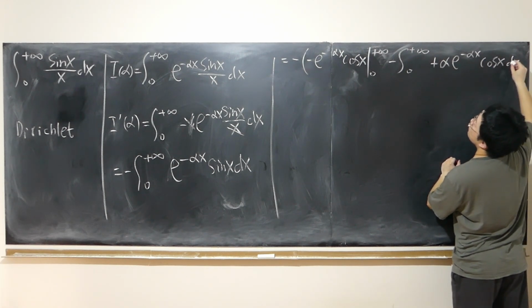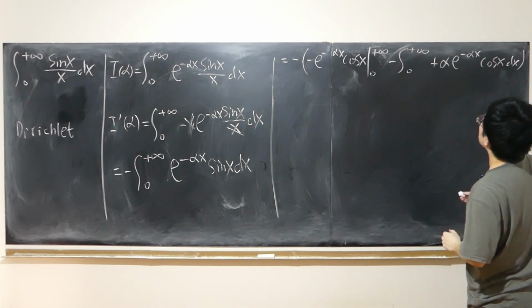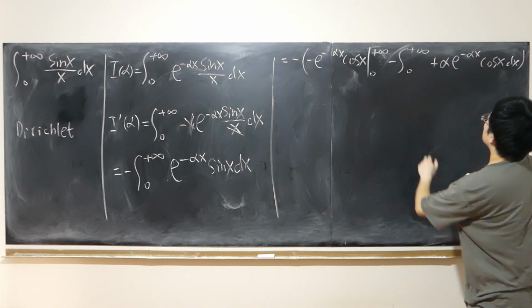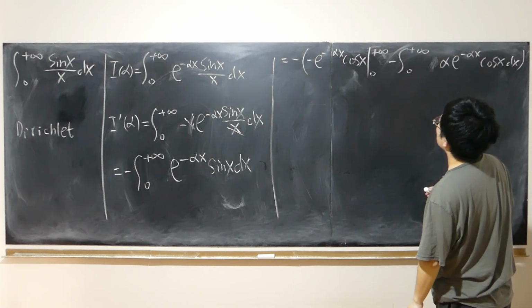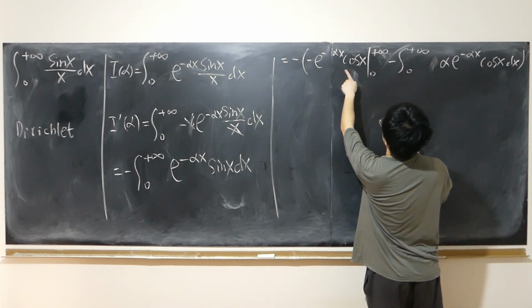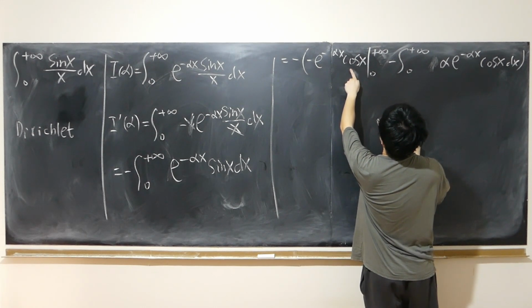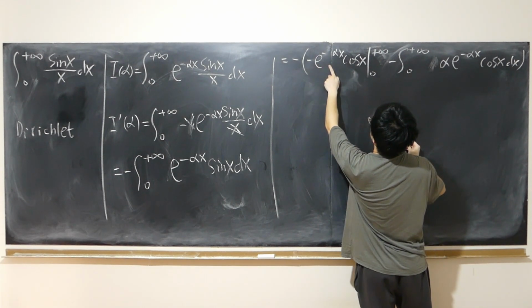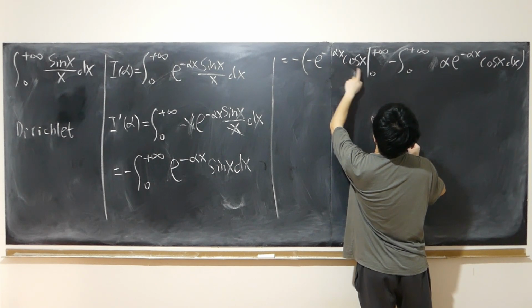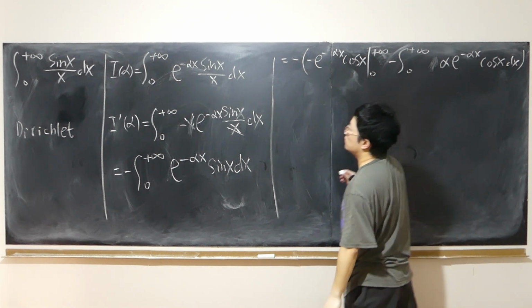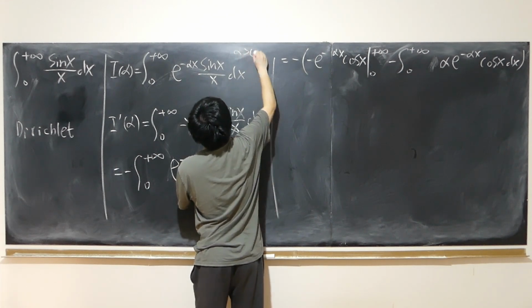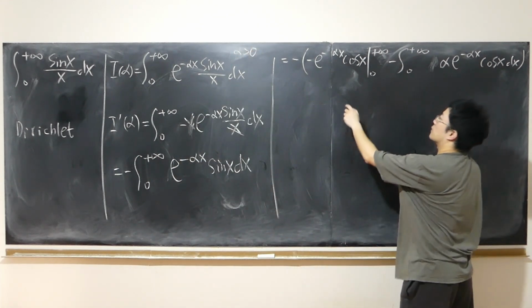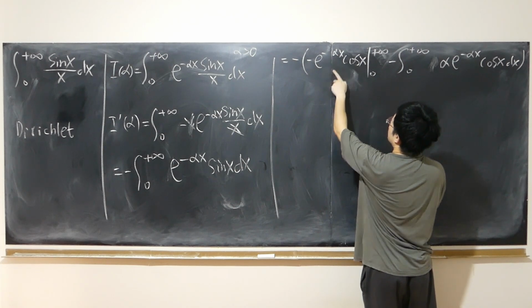Now plug in positive infinity here. Alpha is fixed, let me say alpha is bigger than 0, so that it's 1 over e to the alpha x.